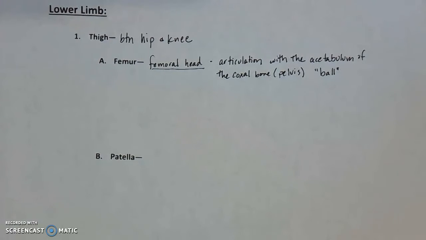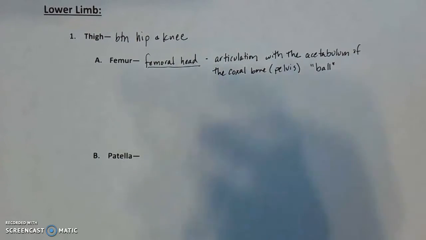And it fits inside of the acetabulum. It's a little bit more fitting than the shoulder joint, which was the other ball and socket joint. And we saw that that one dislocates. You can dislocate the hip, but it's not as common because it fits a little bit more snug.